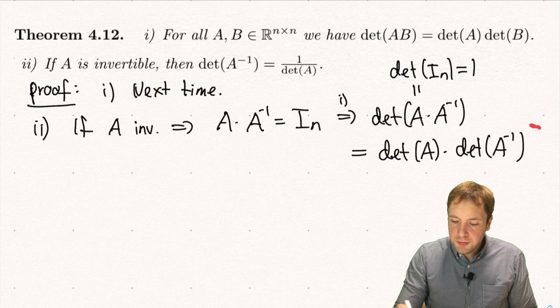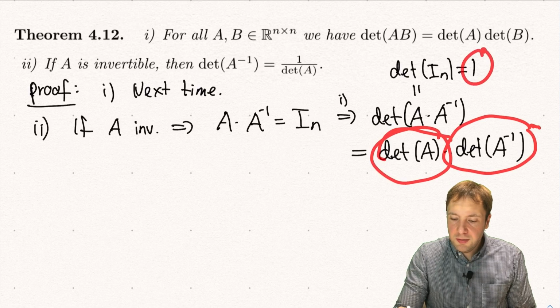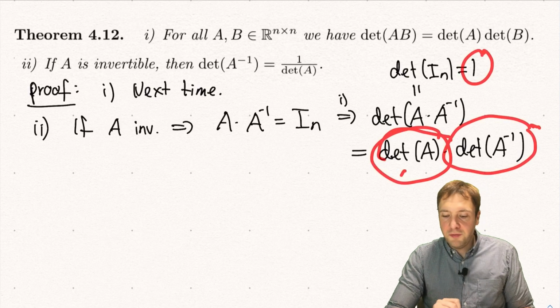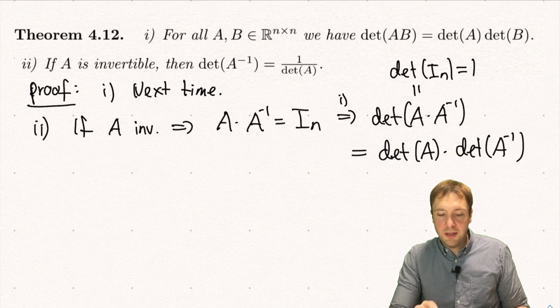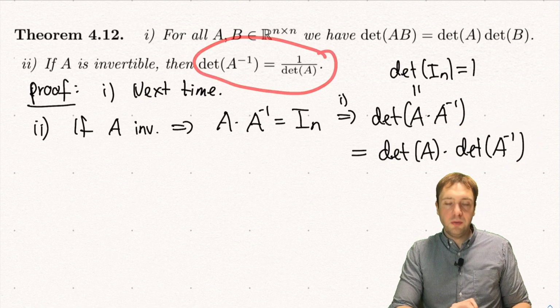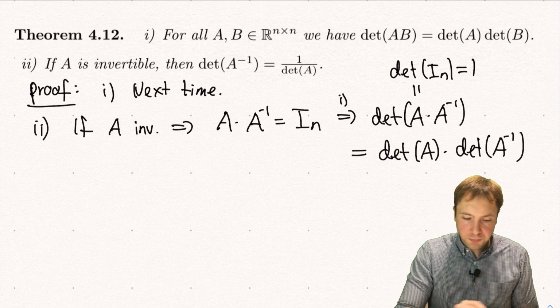So in other words, the determinant of A inverse times the determinant of A is 1. And therefore, if we divide by the determinant of A, we get that the determinant of A inverse is exactly 1 over the determinant of A.